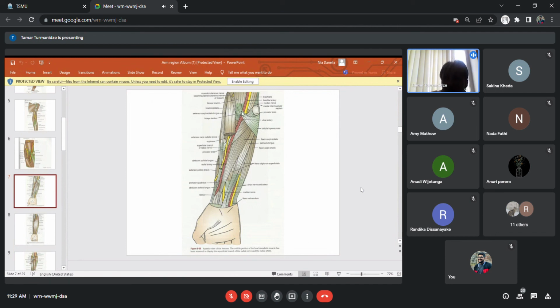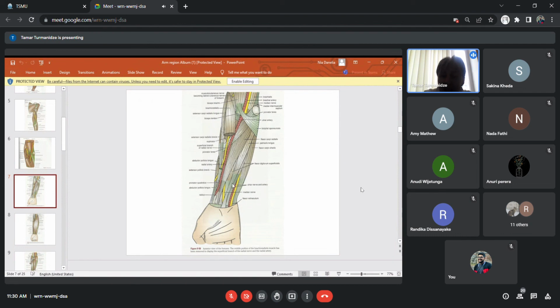Radial sulcus includes radial artery and superficial branch of the radial nerve. We have told that on the elbow, in the anterior lateral cubital sulcus, the radial nerve is divided into two branches, superficial and deep. The superficial branch descends on the anterior compartment of the forearm. The deep branch enters the posterior compartment of the forearm. So in the radial sulcus, we have the superficial branch of the radial nerve accompanied with radial artery.